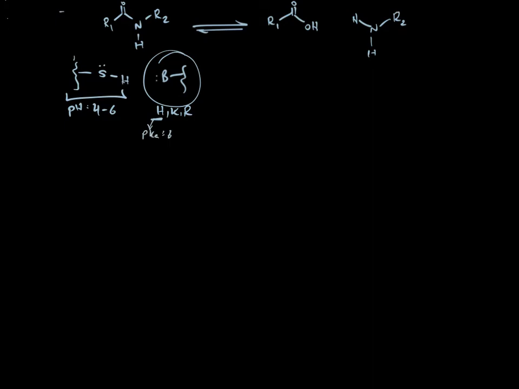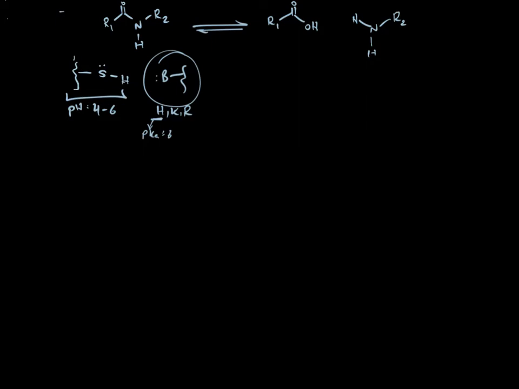So proteins and amino acids, they function at residues, they function at pHs that are equivalent to their pKa's. So they function at environments that are equal to their pKa's or very close to their pKa's.